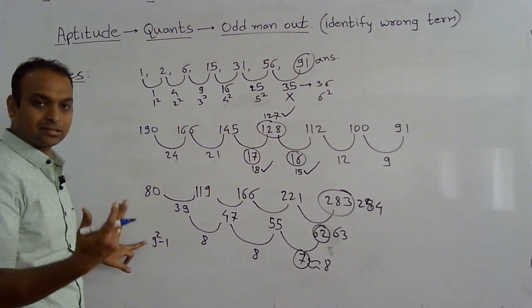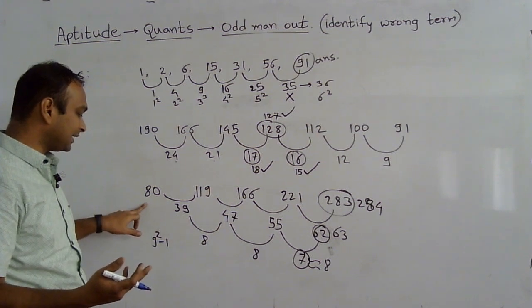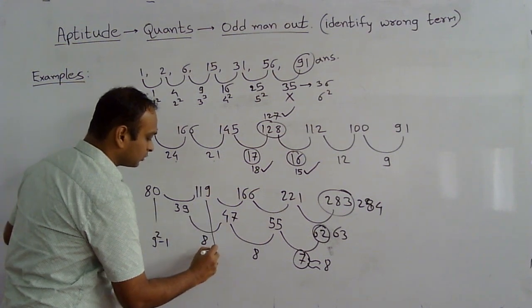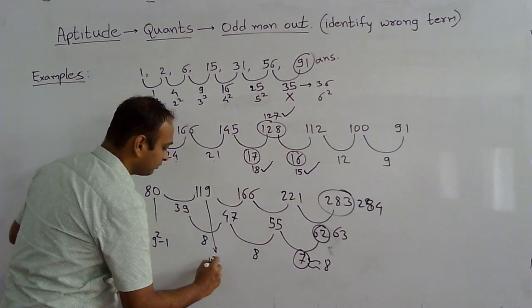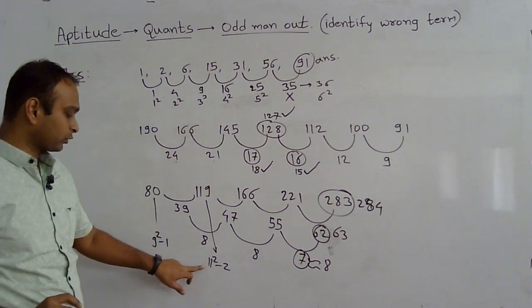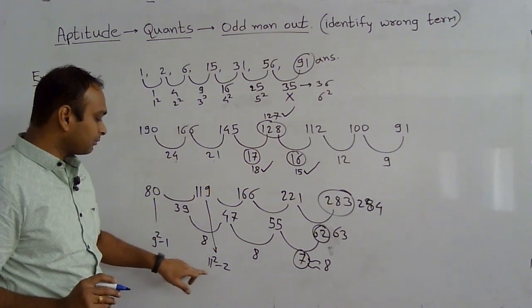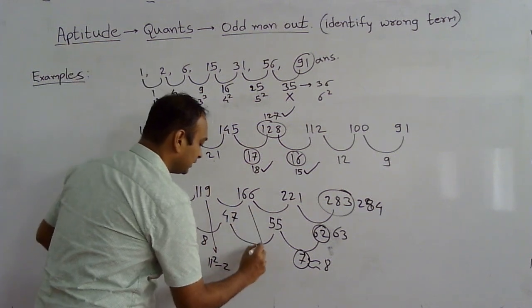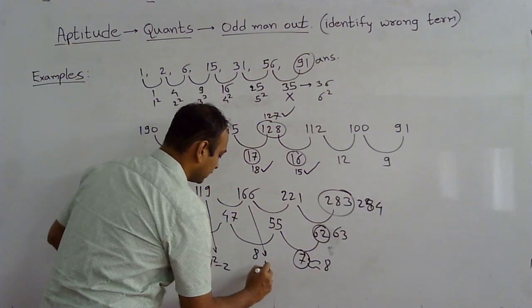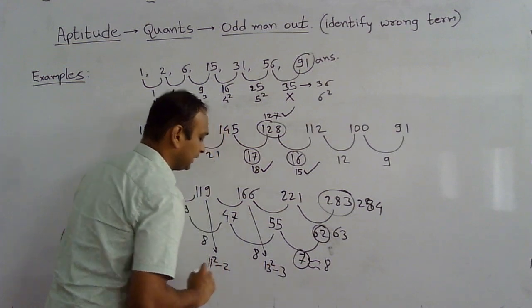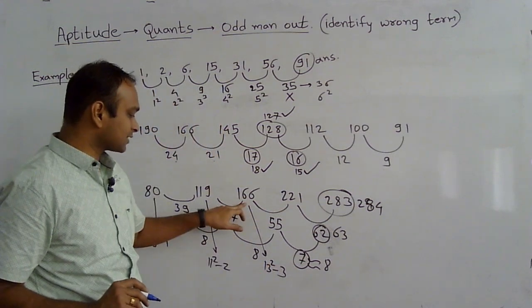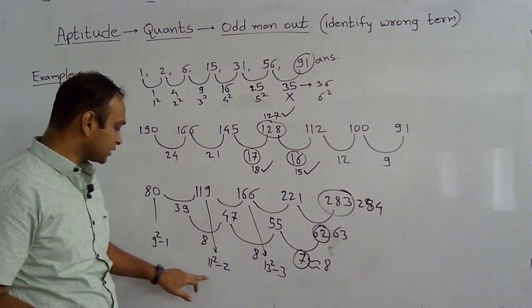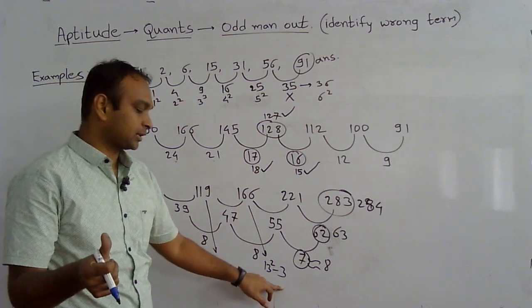So 9 square is 81, 81 minus 1 is 80, right? Then here 119 we have, so that could be square of 11 minus 2. Square of 11 is 121, minus 2 becomes 119. Then 166 could be the square of 13 minus 3. Square of 13 is 169, minus 3 gives 166. So this logic is also getting perfect.